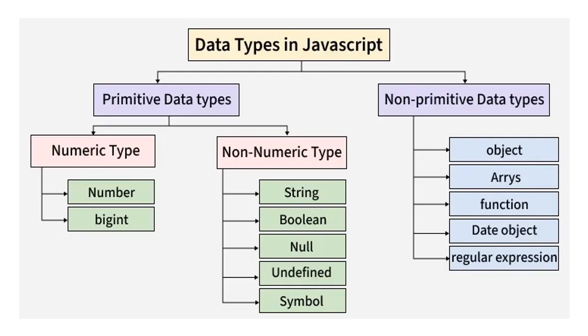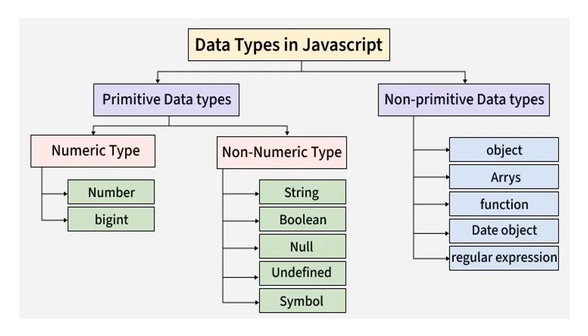So there are different data types in JavaScript. Primitive data types and non-primitive data types. Primitive data types contain numeric and non-numeric types.